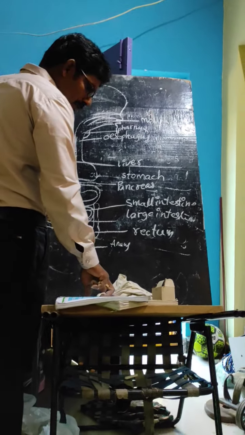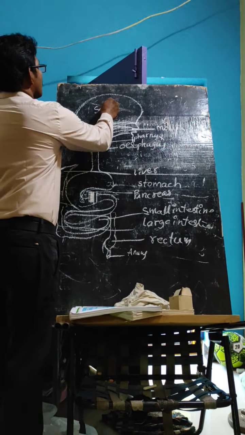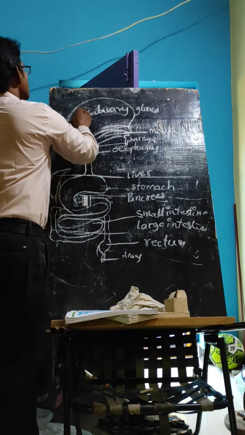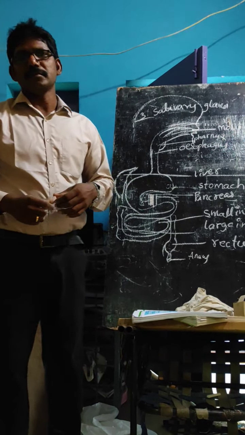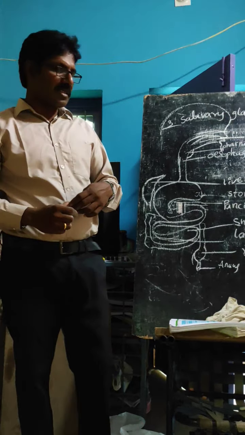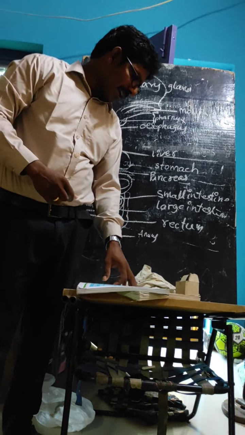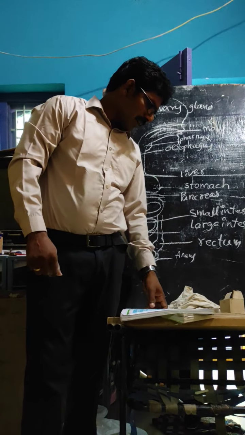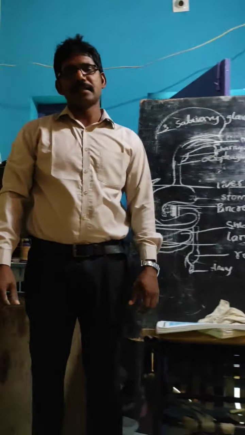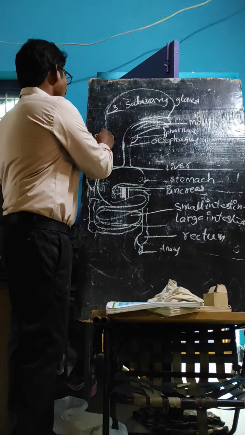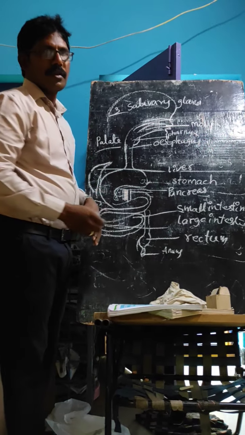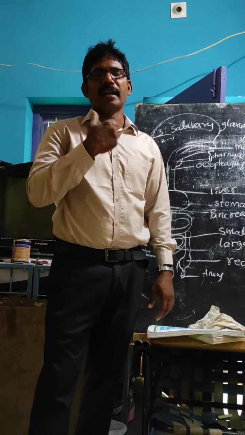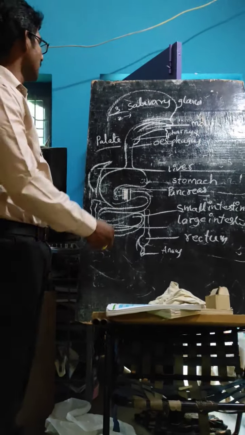So it easily passes through the alimentary canal. What I told you: 3 pairs of salivary glands are there, and they are located in different places. 2 pairs are located at the side of the jaw and below the tongue, and 1 pair is located in the palate.